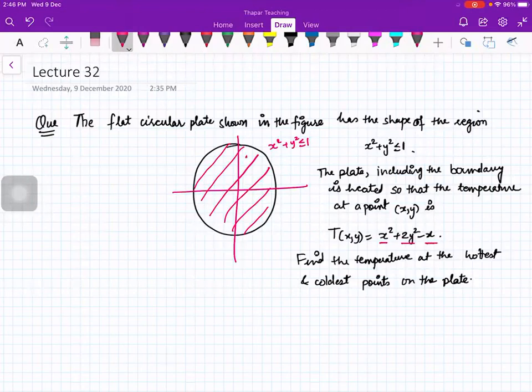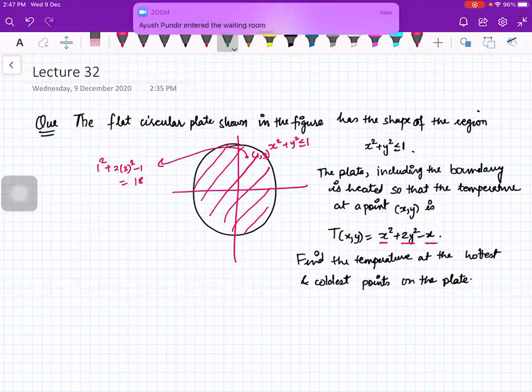If you are standing at the point 1 comma 3, then the temperature there will be 1 square plus 2 into 3 square minus 1, so that is 18 degrees Celsius or whatever the units are. The question is to find the point on this plate having the maximum temperature and the one having the least temperature. So basically we have to find the maxima and minima.